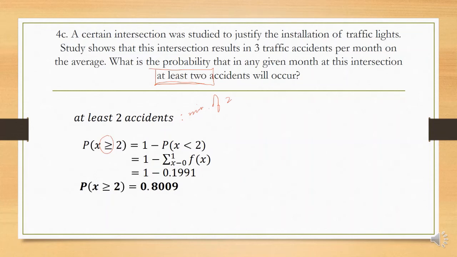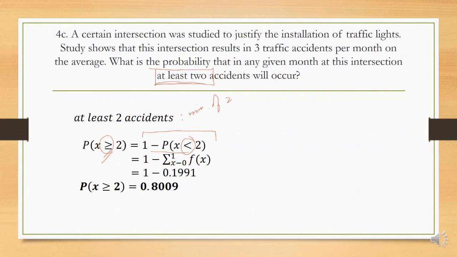Okay, if you remember our discussion dun sa binomial, ang sabi natin, kapag meron kayong notation na ganito, you have to convert it dito sa less than. Kasi ang mga tables natin are from 0, from the left side. So, makikita natin sa table yung mga values that are on the left side of the graph. We do not have readings on the right side.